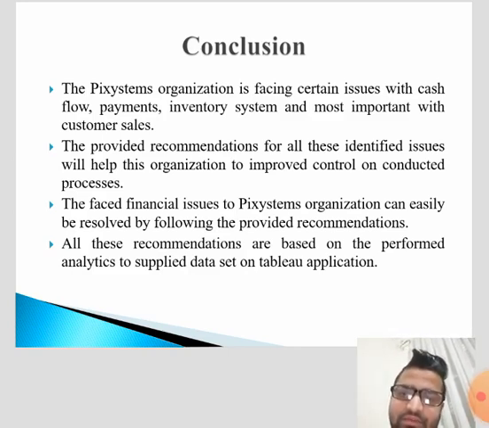The recommendations provided for all these identified issues will help the organization improve control over the conducted processes. We have to identify the issues we are facing, and improve and control those processes.